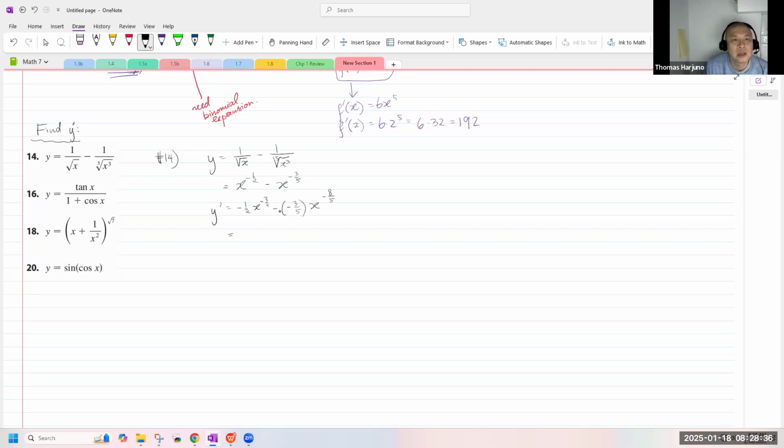Then this is negative 1 over 2 square root of x cubed plus 3 over 5, the fifth root of x to the 8.